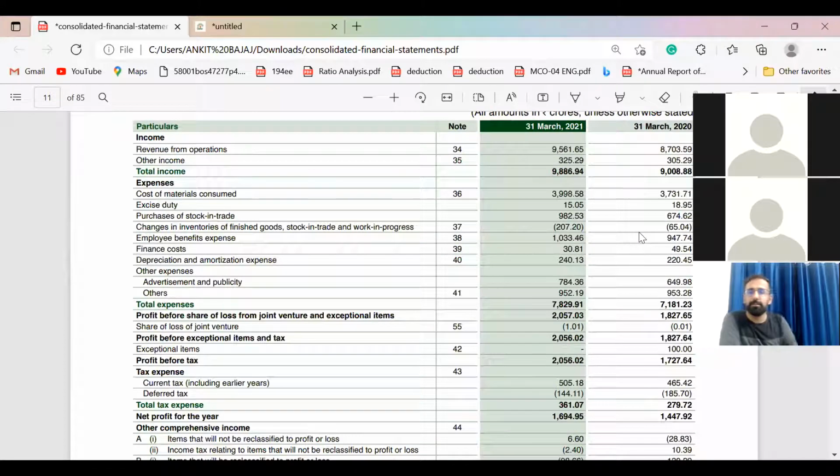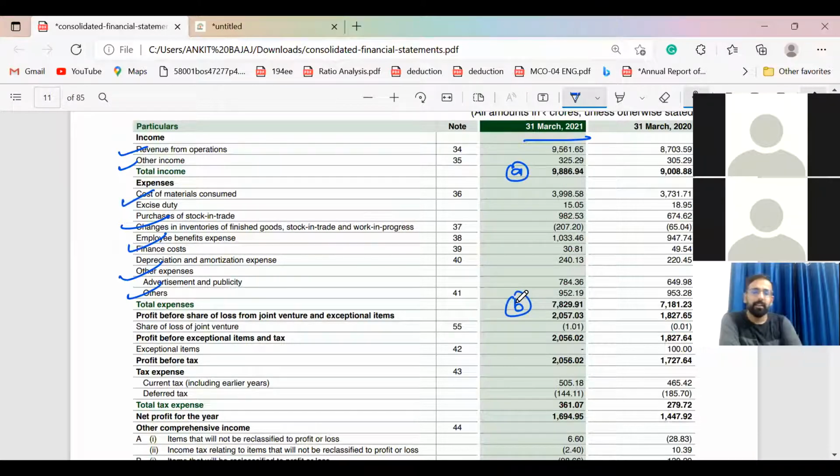Yeah, you can see the profit and loss account of Dabur Limited, 31st March 2021. Here they are recognizing revenue at the top. After that, they are recognizing other income. Then they have calculated the total of income, right? So total income is A for us. Then you can see cost of material consumed, excise duty, purchase, finance cost, other expenses, and they have done the total of expenses, right?